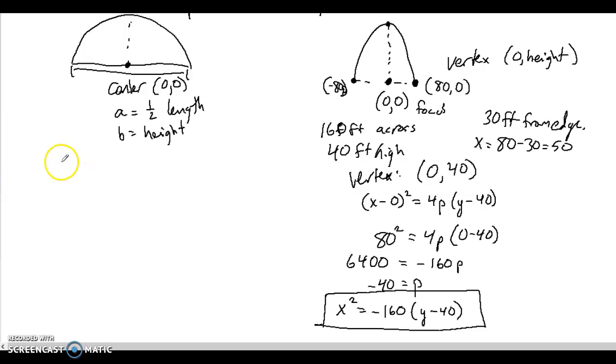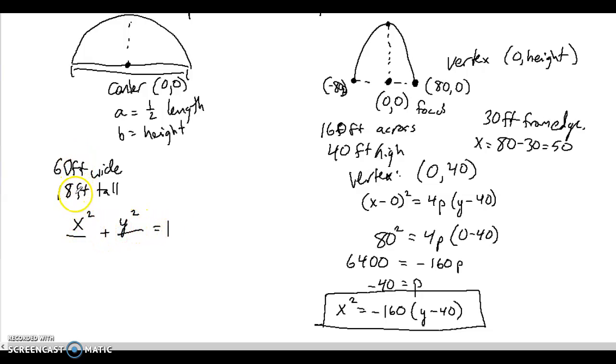Let's go back here and actually do an ellipse. In the ellipse, let's say we have an ellipse that is 60 feet wide and 18 feet tall. Then by making my center 0, 0, I have something that's of the form x squared over an unknown plus y squared over an unknown is equal to 1.